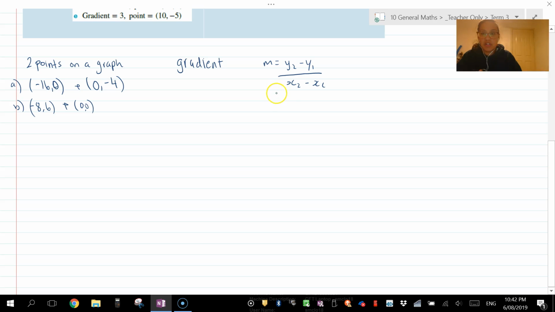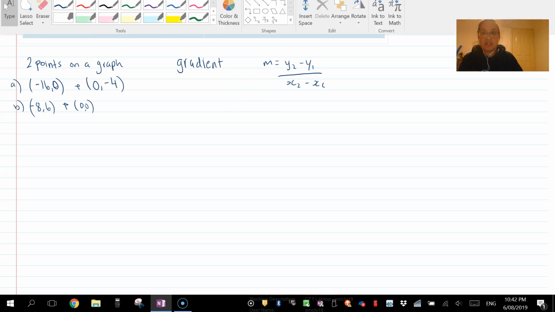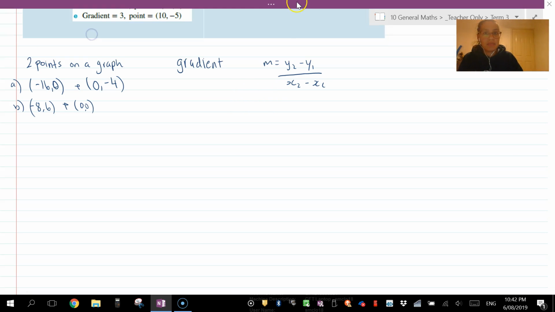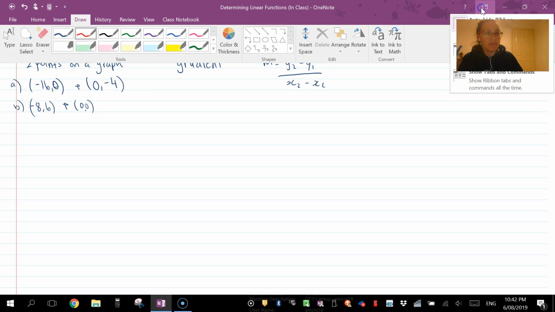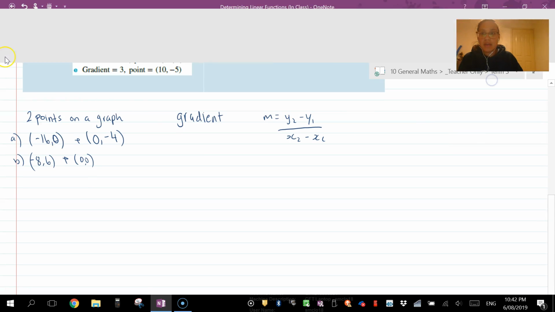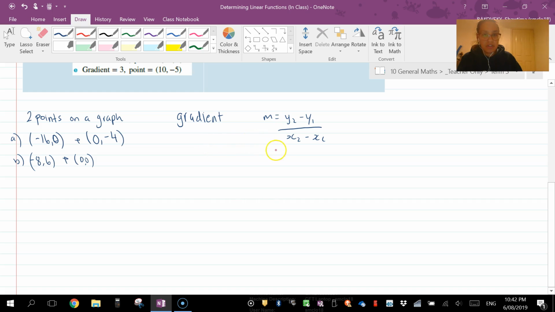And then I'm going to substitute those in, so I'm going to use these as x1, y1, and substituting those in. Y2 is -4, 0 over 0, 16.